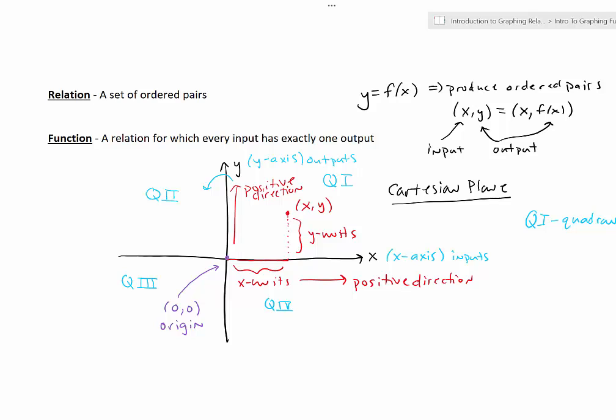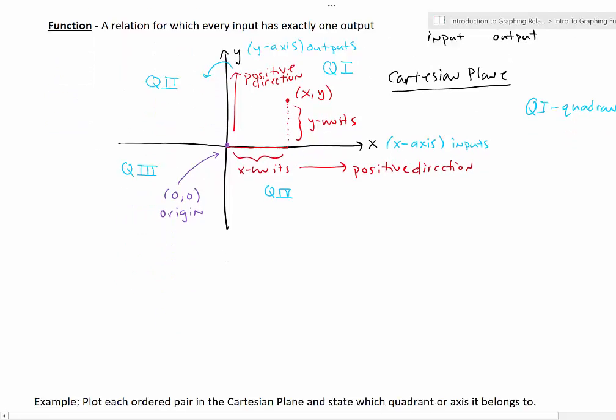And then from there we move up or down accordingly, the vertical amount of units, the output units, and of course, those locations all depend on if x or y are positive, negative, or 0. This plane is produced by intersecting a horizontal and vertical real number line, the x and y axes, and this chops it up into 4 pieces called the 4 quadrants. Quadrant 1 starts at the top right, moving counterclockwise around to get your other quadrants.